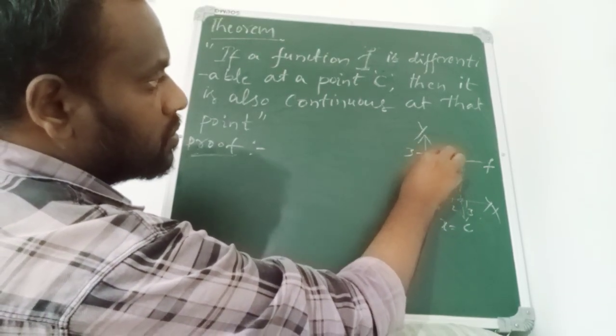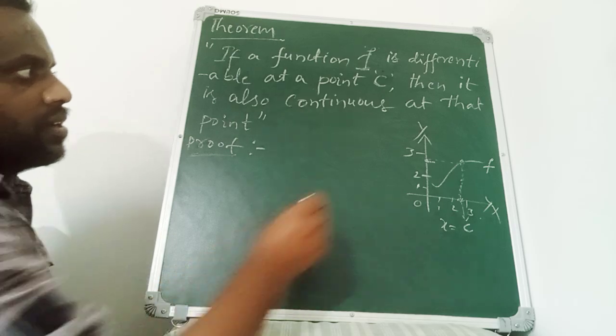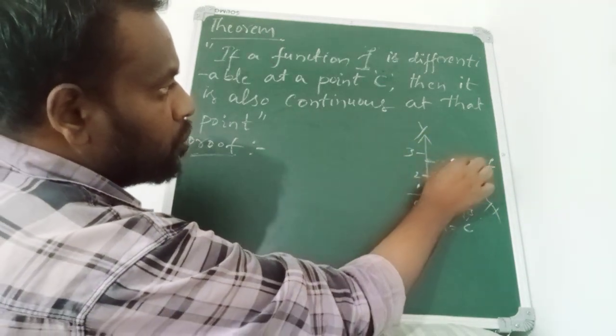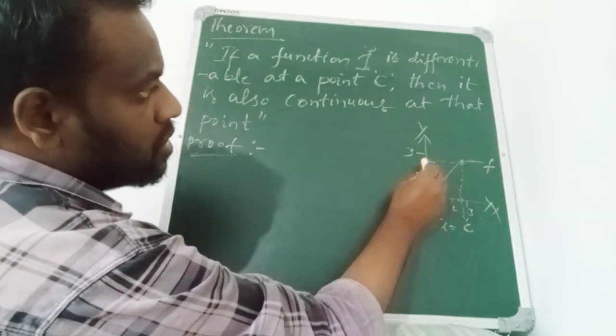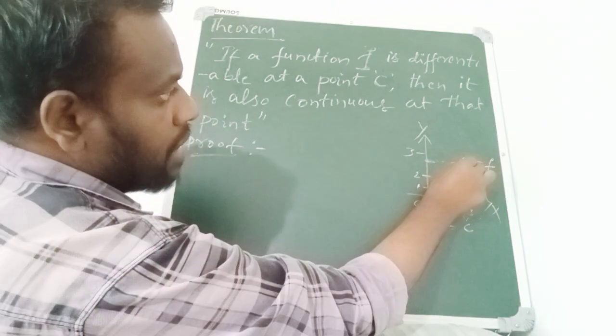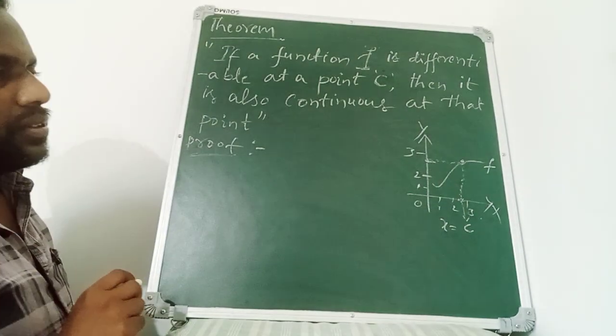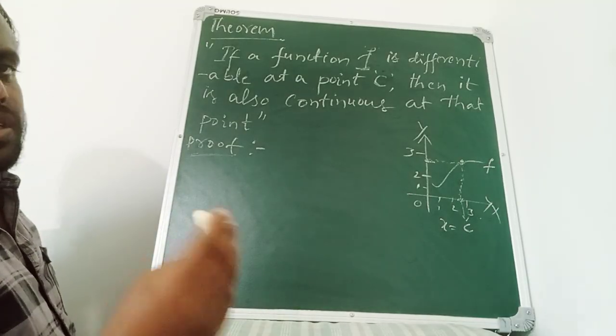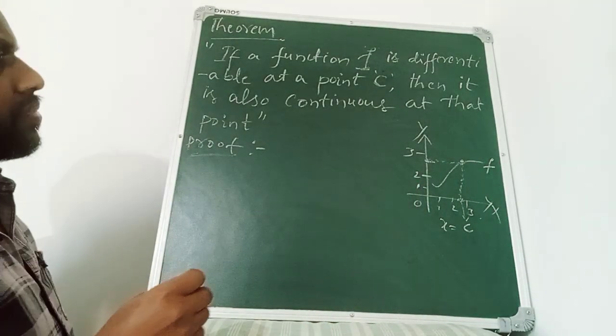On the y-axis, here some value will be there. So when you put a dotted line, here you will get some value. So this value will be this value. So this is a general graph I have written.